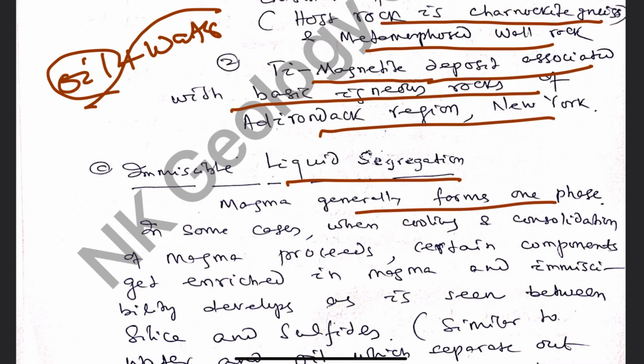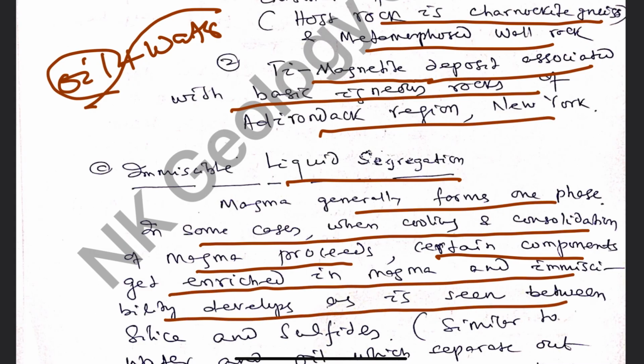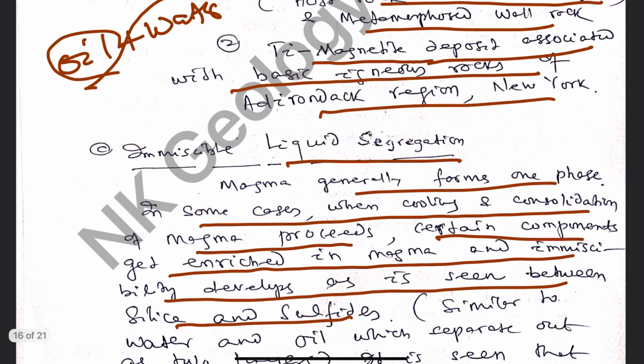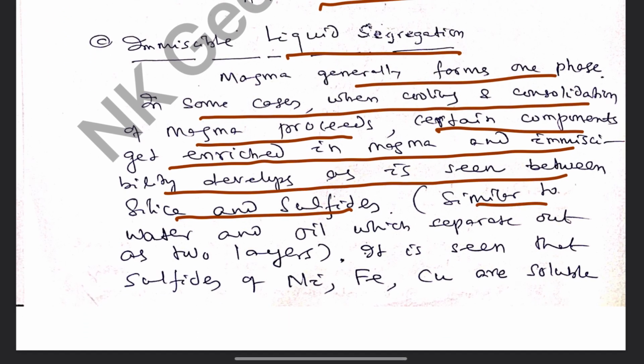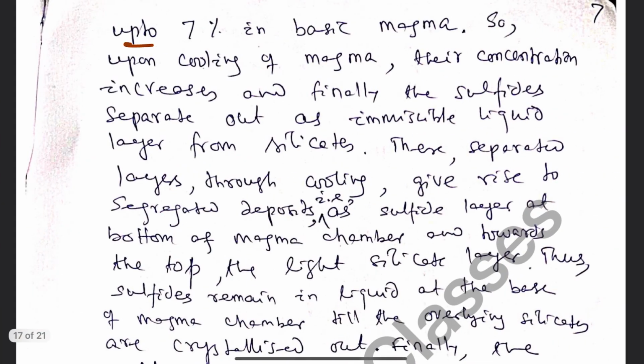So, magma generally forms one phase, but in some cases when cooling and concentration of magma proceeds, certain components get enriched in magma and immiscibility develops as seen between silica and sulfides. Similar to oil and water, which separates out as two layers, two phases. It is seen that sulfides of nickel, iron, copper are soluble up to 7% in basic magma.